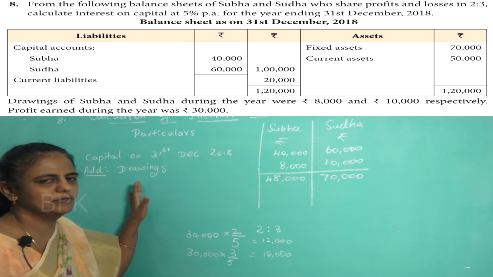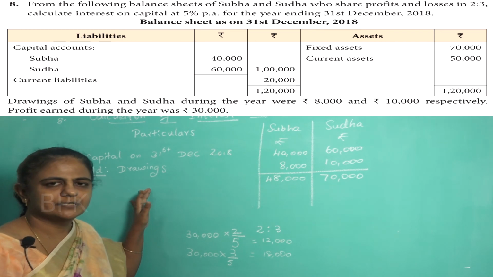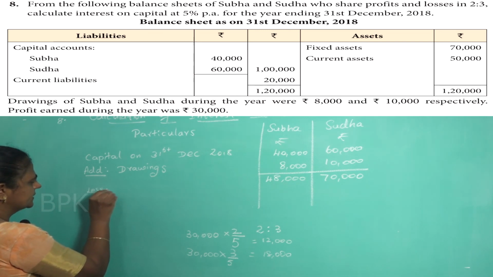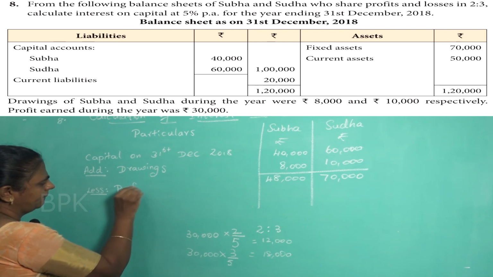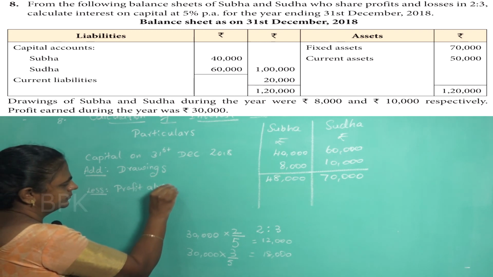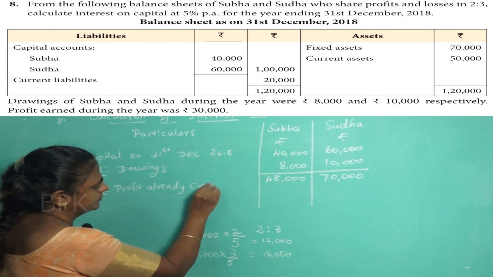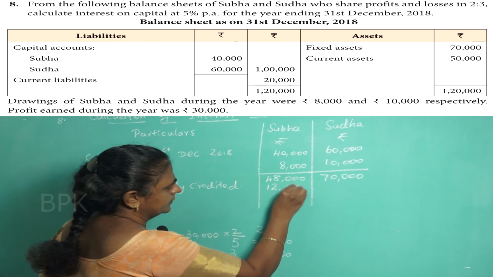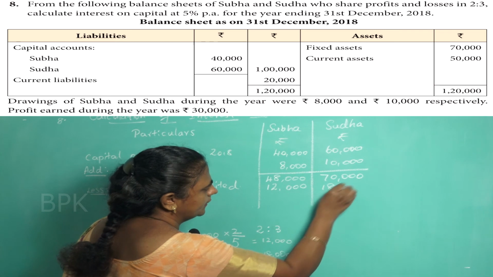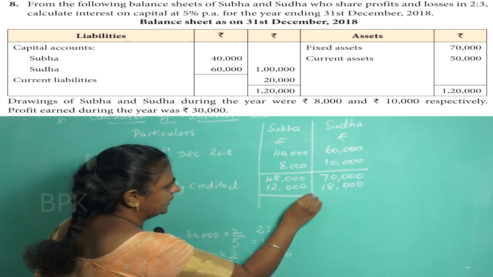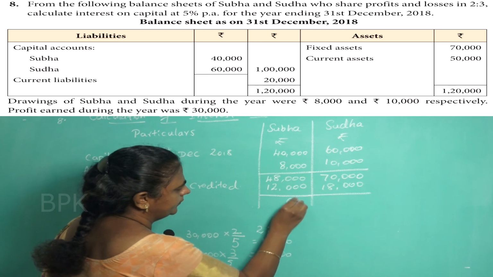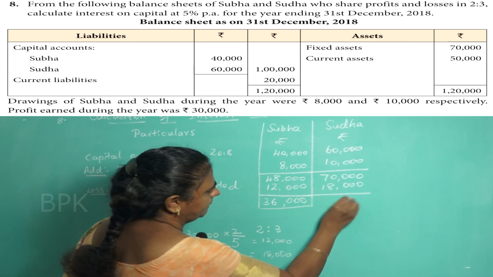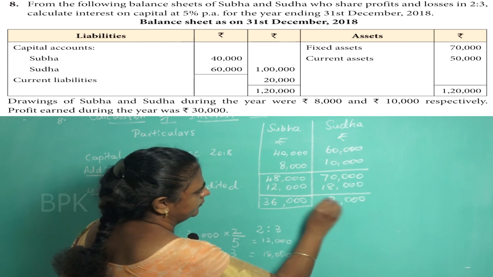So that profit, what you have to do here? You have to subtract the profit. Okay. So you write it like this: less profit already credited. So for the first one 12,000, the second one 18,000, both you subtract, so that will give you 36,000 here and 52,000.